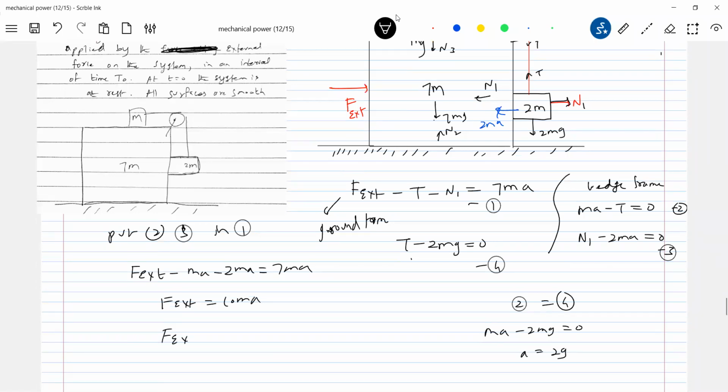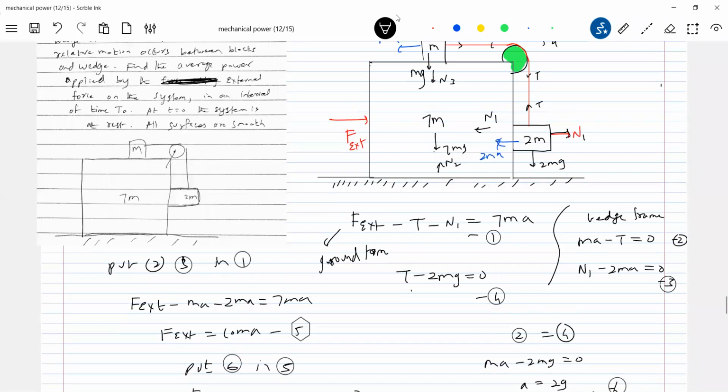Substituting this, the equation 5, the equation 6. Put 6 in 5. So F external is equal to 10m times acceleration, which is 2g. So how much is it? 20mg is the external force being applied.